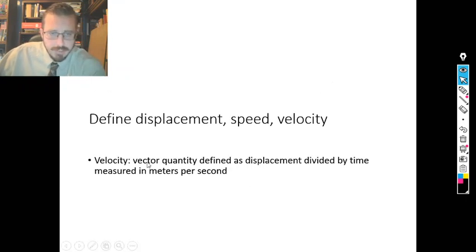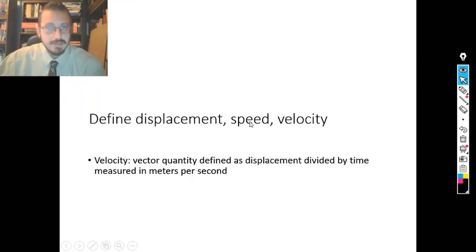Very similar definition for velocity, although the nuance is an important one here: velocity is, as I mentioned, a vector quantity, and it's defined as displacement divided by time. So displacement itself is a vector. When you divide it by time, you get velocity, the vector. Distance, which is a scalar, divided by time, you may have noted, is how we get the scalar quantity speed. So we can see corresponding vector and scalar combinations here. Displacement is to velocity as distance is to speed.